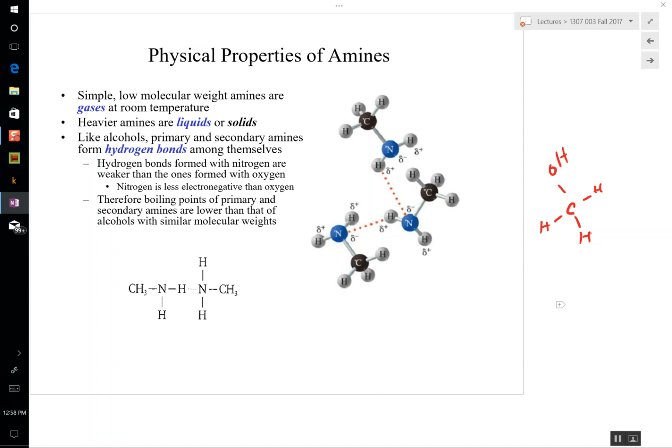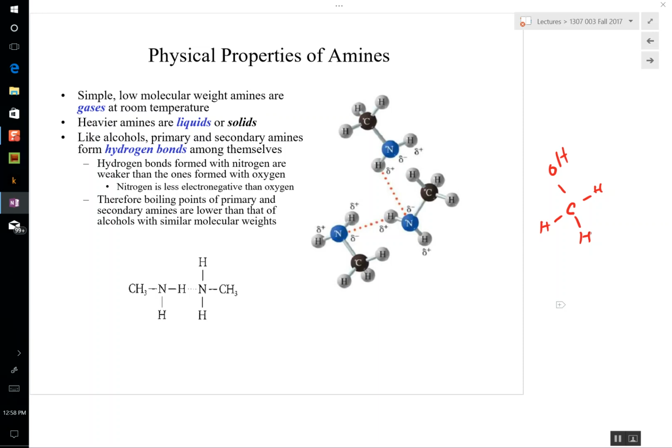The oxygen only has 1. So very similar molecular weights, but the methanol would have a higher boiling point because it hydrogen bonds more strongly to another methyl alcohol molecule than the methylamine does to another methylamine molecule. It binds more strongly, takes more energy to break that attraction.